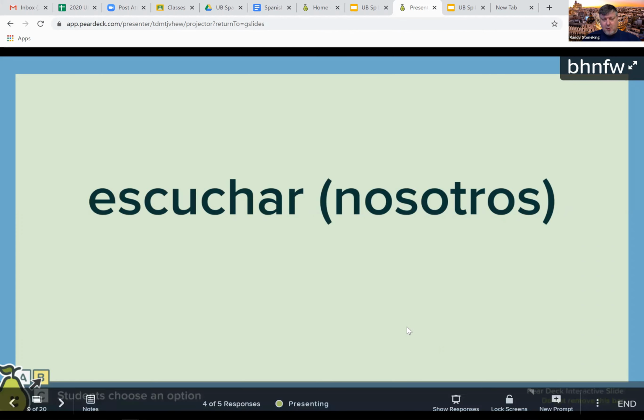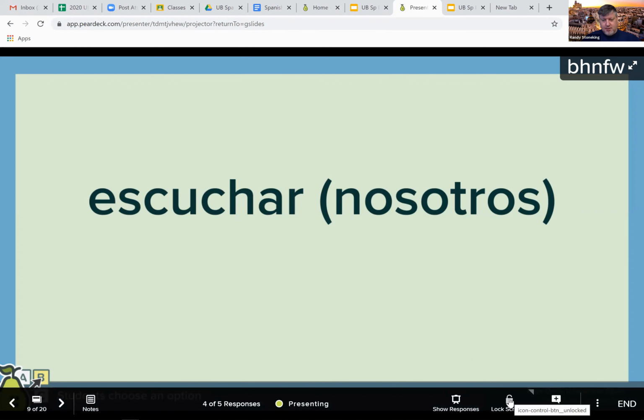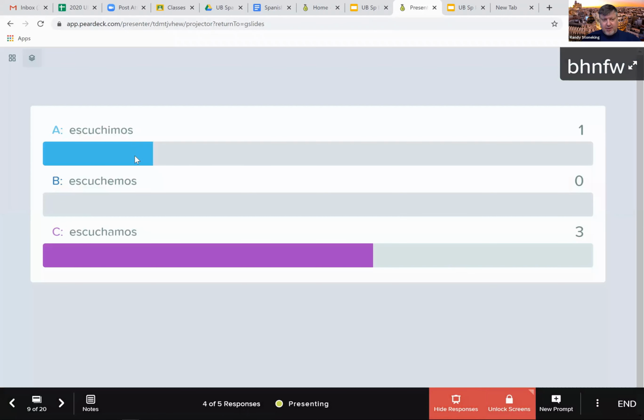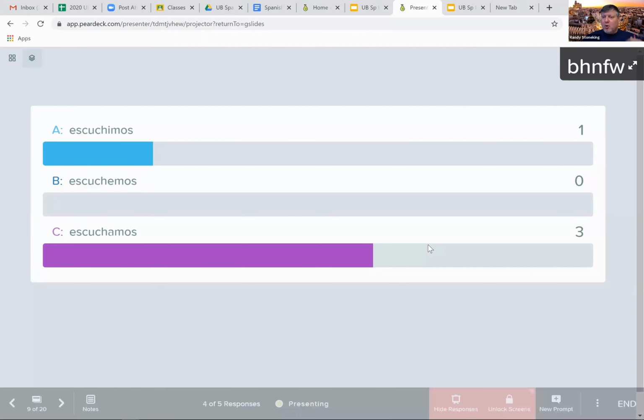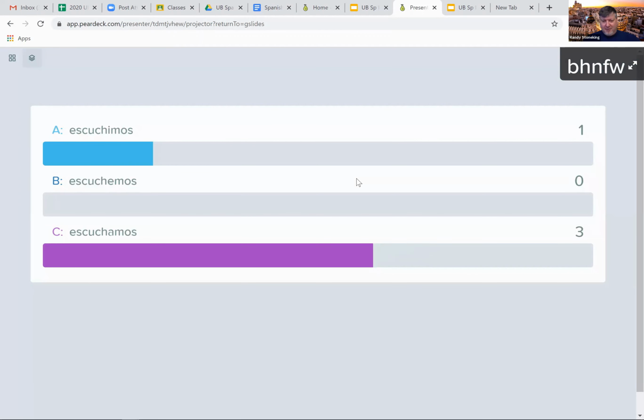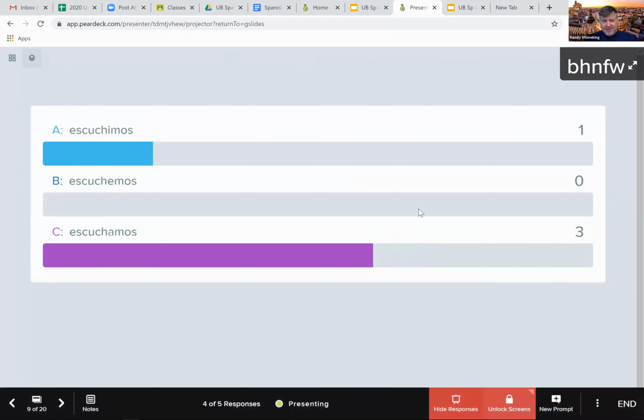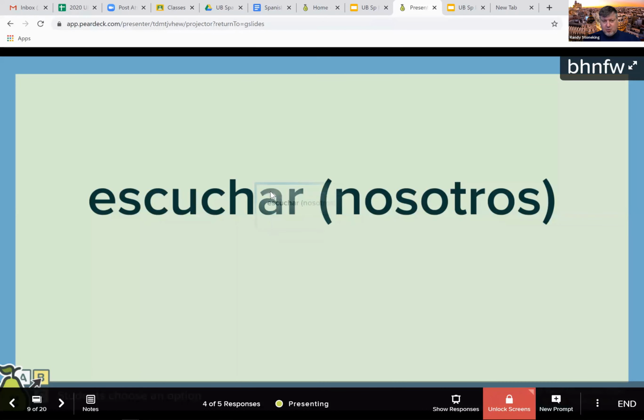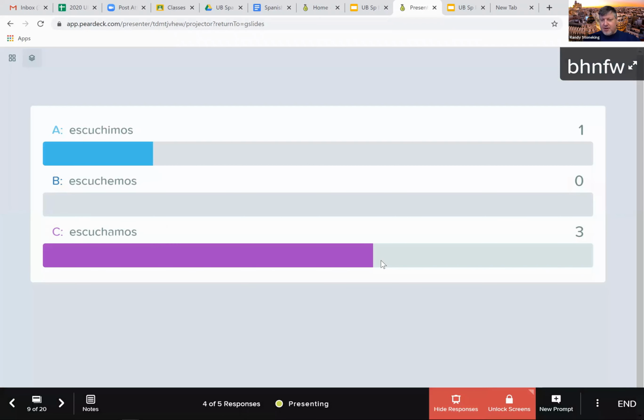Five, four, three, two, one. Escuchar with nosotros. Escuchimos, escuchemos, escuchamos. This is one where we have to think about whether it's an AR verb or an ER verb or an IR verb. Escuchar is the verb. It's AR. So the ending that corresponds to it, escuchamos, letter C, escuchamos.